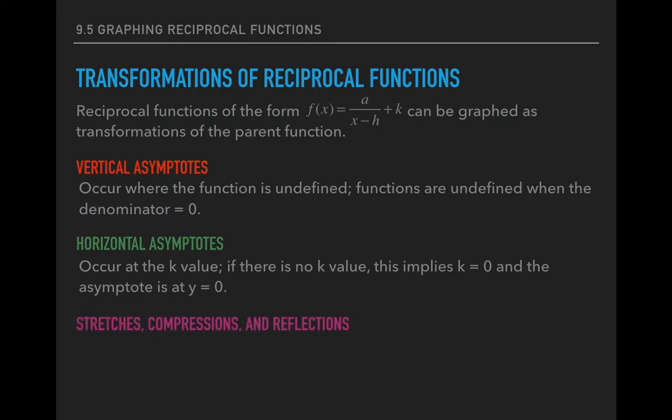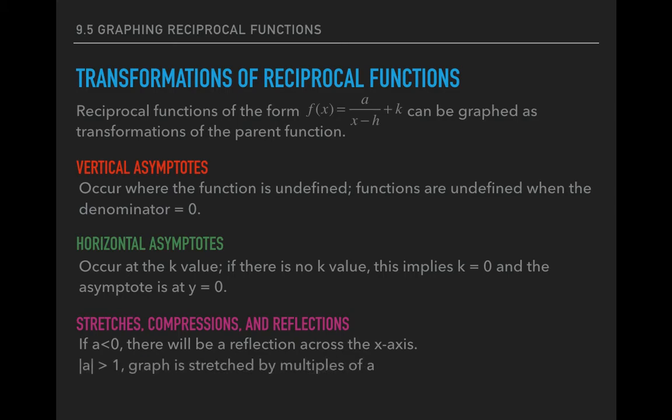The last thing that can occur are stretches, compressions, and reflections. Let me start with a reflection. Reflections occur across the x-axis when your a values are negative. And we're going to look at an example to clarify what a reflection looks like.